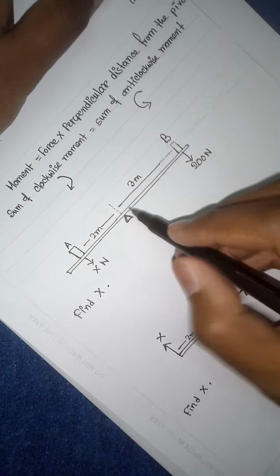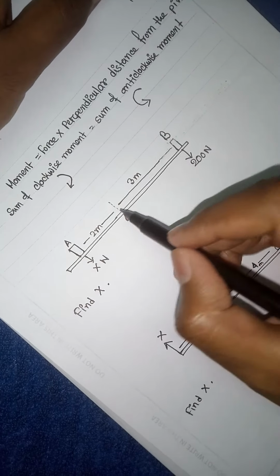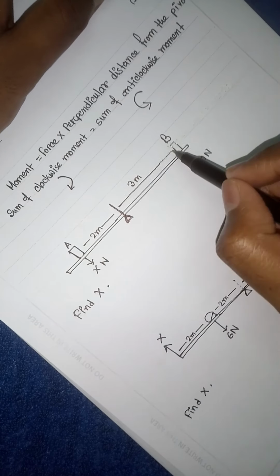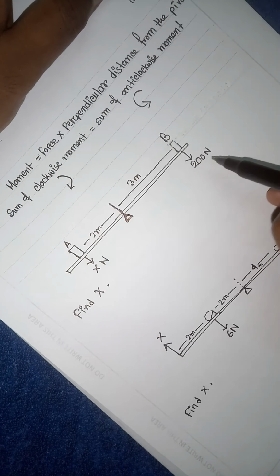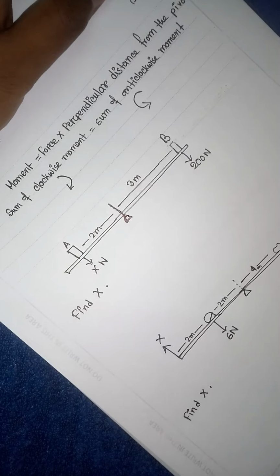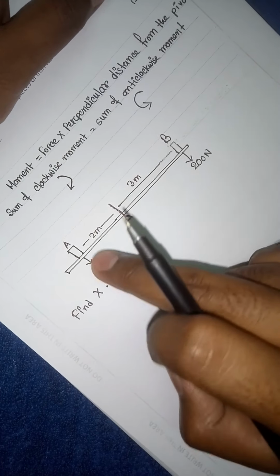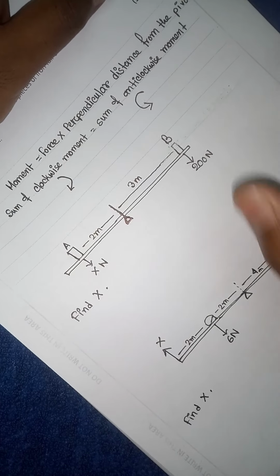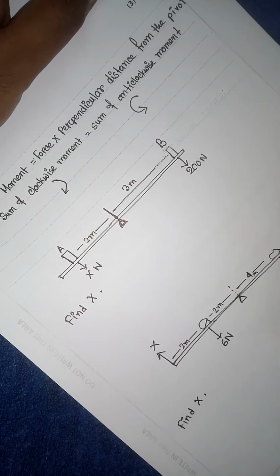Here a pivot point is given, a rod is given, and the pivot stands 2 meters from A and 3 meters from B. B has a force of 200 Newton and x is unknown. So by calculating the moment, we will find out the value of x.